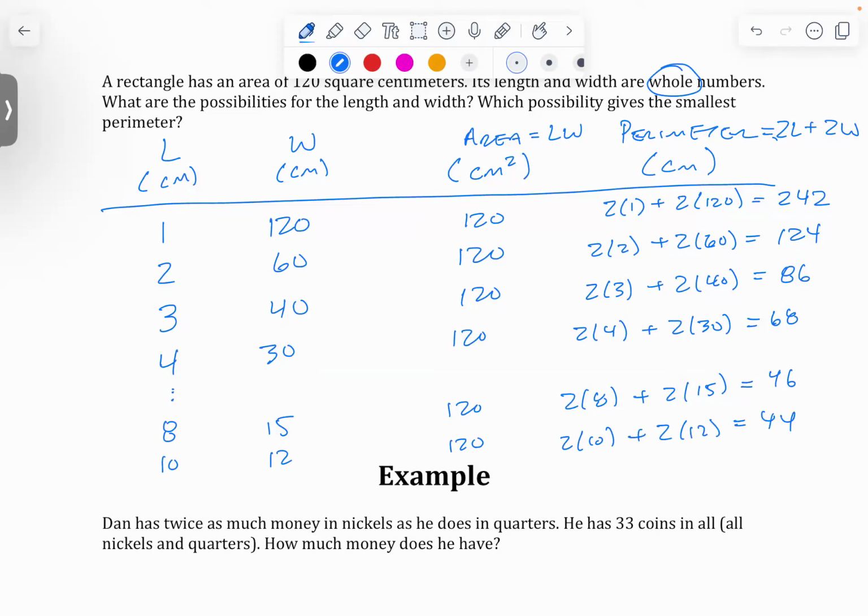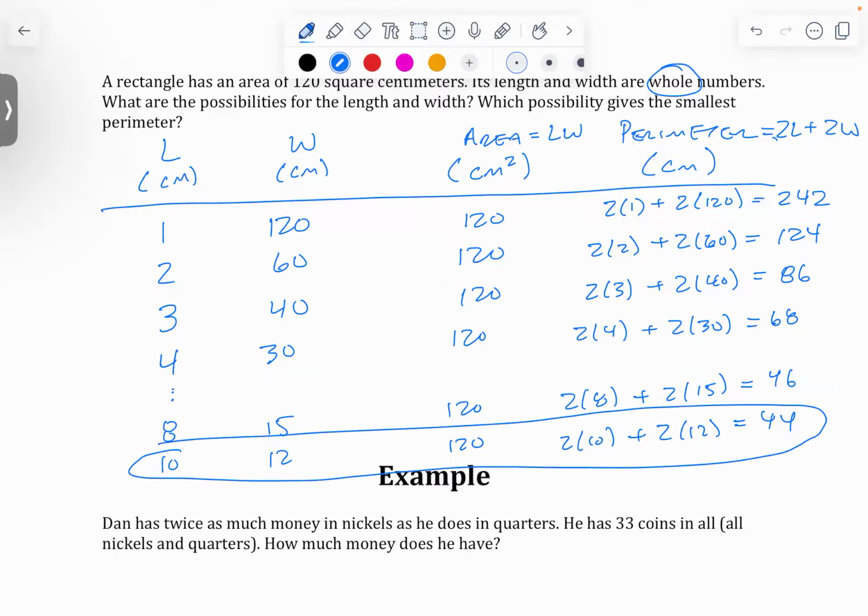And I know that this is the smallest combination, because we skipped 5 and we skipped 6, just because we were running out of space there. But I can see the list and I can see that these numbers were decreasing for the perimeter, which means the number at the bottom was going to be the smallest one. And that's one of the big advantages of doing systematic lists.